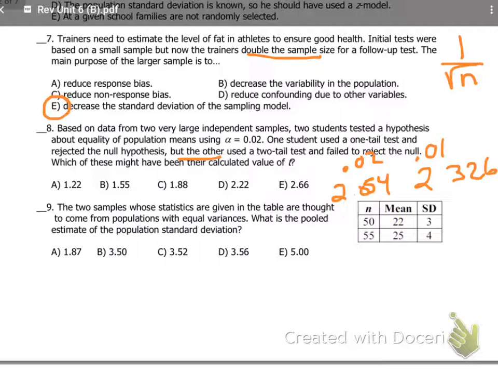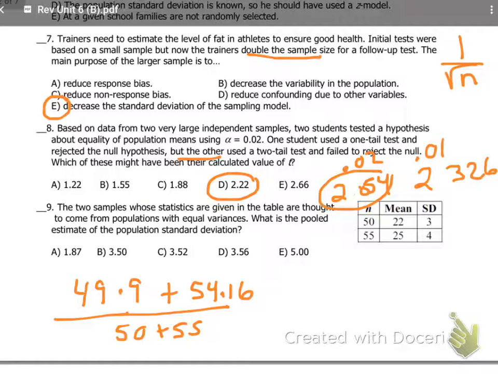One student did a one-tailed test and rejected the null hypothesis, and then the other failed to reject. All right, so that means the number has to be between 2.05 and 2.32. And which number is between those two numbers is D. Okay, I will probably get asked to do this problem before the test. Typically, that's what I get asked to do that one.